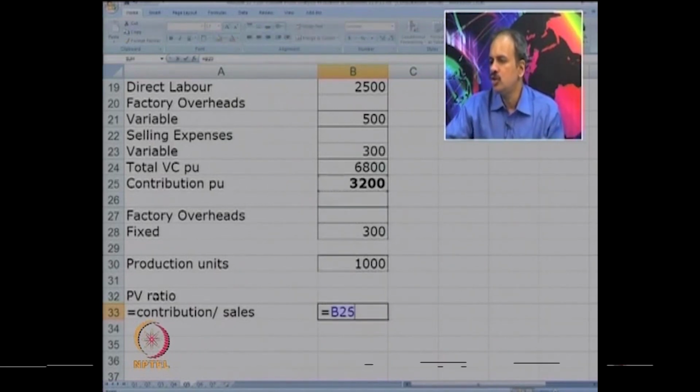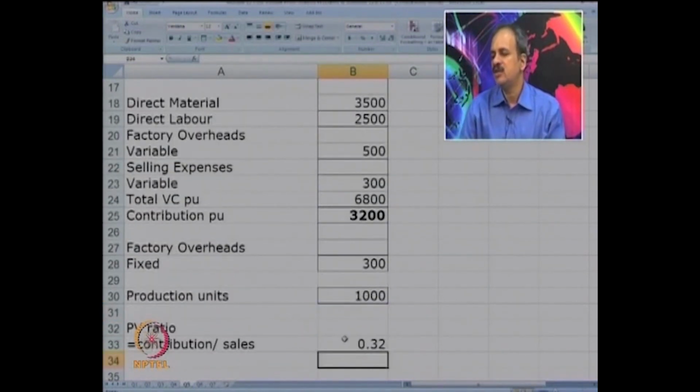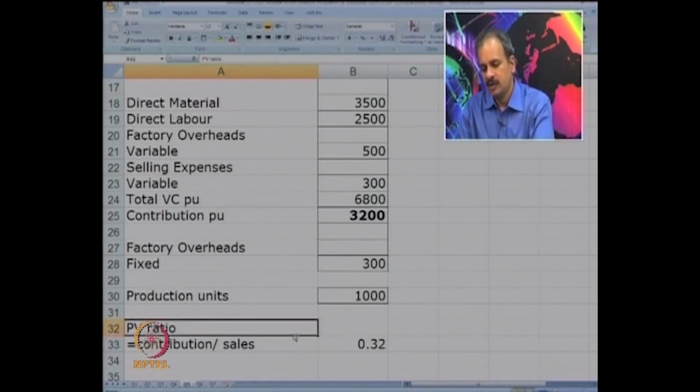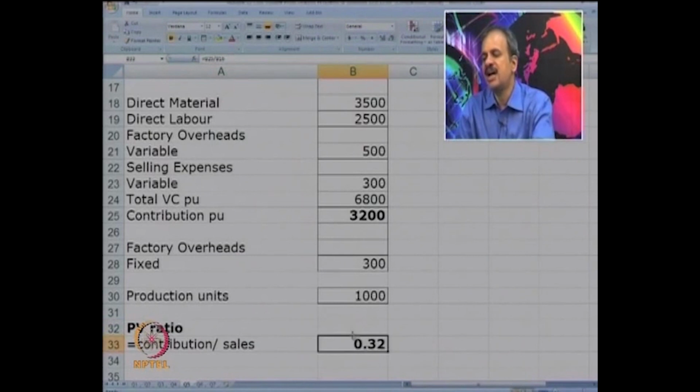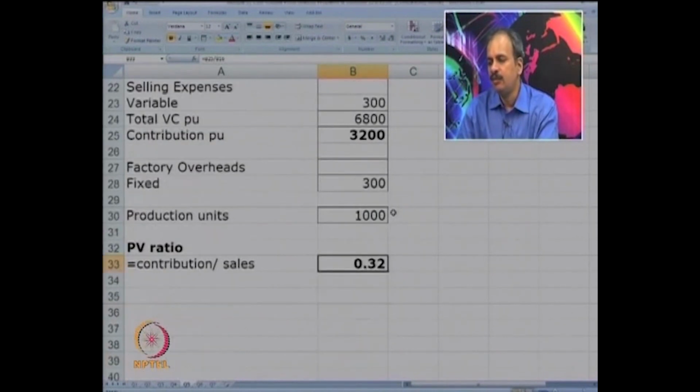So 3200 divided by 10,000, it gives us 0.32. We can multiply it by 100 if we want, so that we get 32%. This is the PV ratio. The first thing which was asked was calculation of PV ratio or profit volume ratio. Then we have to also calculate the break even point.